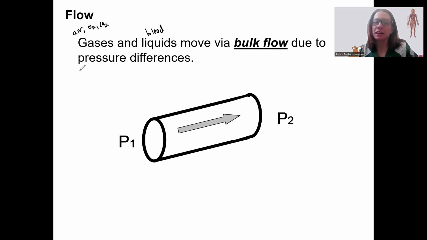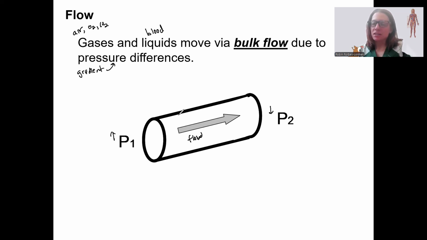Remember, it's a type of gradient. A pressure difference is a pressure gradient. So in this example here, we've got pressure 1, let's say, is higher than pressure 2. It has to be in the scenario because this gray line here is indicating flow, movement of either a gas or liquid.